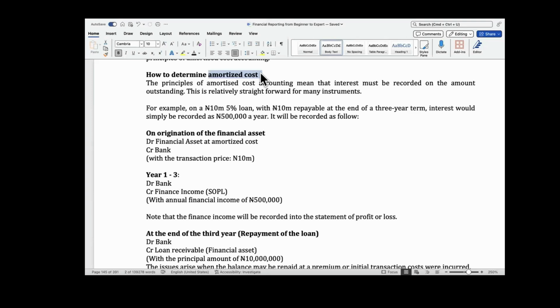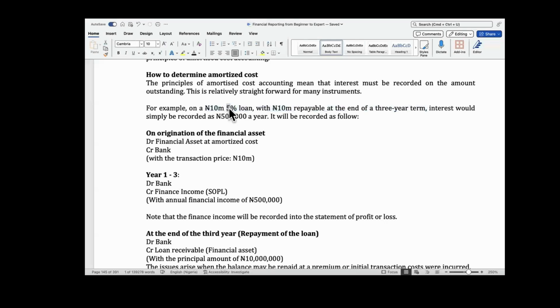I'll give you two scenarios, a simple one and a more ideal one that you might find in the exam. You can find any of them in the exam, really. The simple one is the popular one. On a 10 million naira 5% loan, with 10 million repayable at the end of the 3-year term.